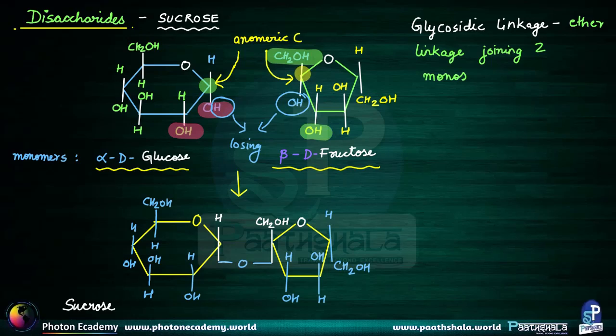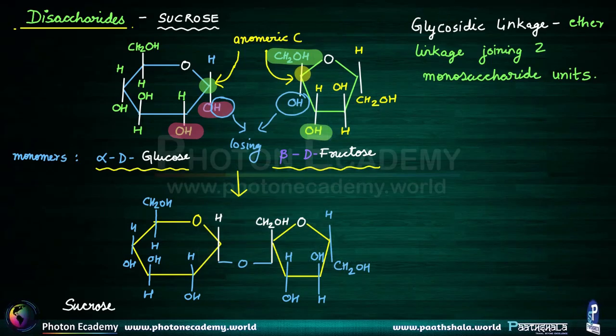That is all we have to remember. So any ether linkage which joins two monosaccharide units will be categorized as a glycosidic linkage. So here, this particular linkage is a glycosidic linkage.